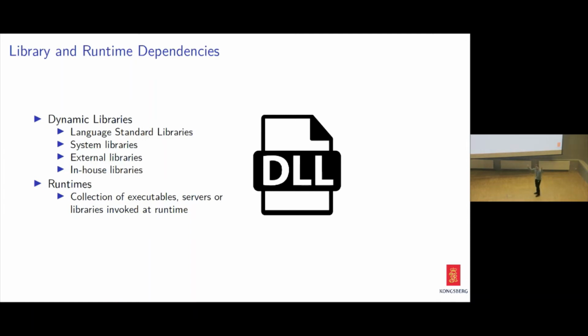It can be a very fancy external library you found that solves all your problems, or a perfectly good in-house library that some genius at your workplace made that everyone now uses. That also has to be in there or in your system so the FMU can get it. Runtimes is just a fancy way of saying external dependencies. It's often a collection of stuff from a tool that you need to have installed or available so that the FMU can use it at runtime.